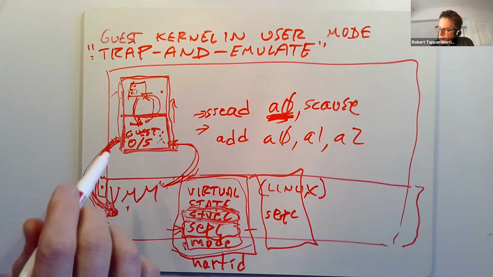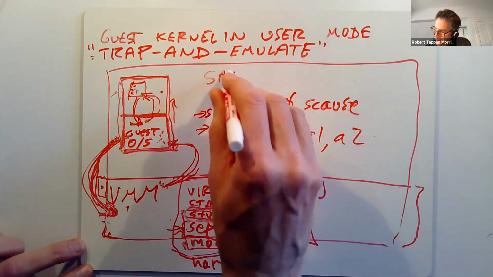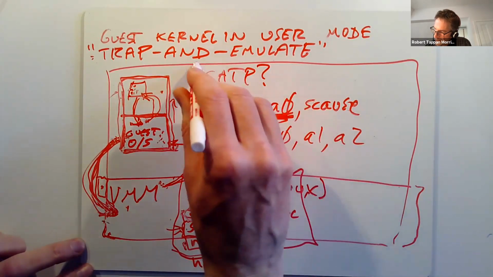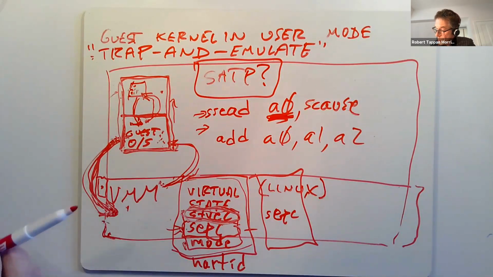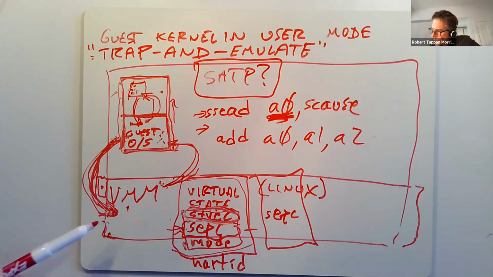So what actually happens when the guest sets the SATP is we can't directly use the guest operating system's page table, but the virtual machine monitor cooks up a new page table that simulates the guest operating system's desired page table.